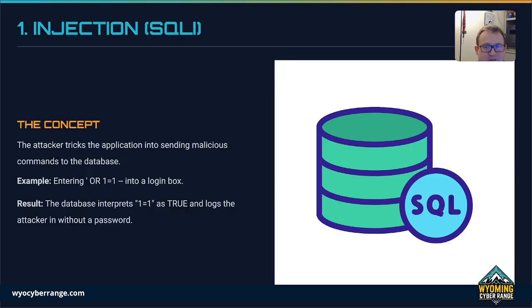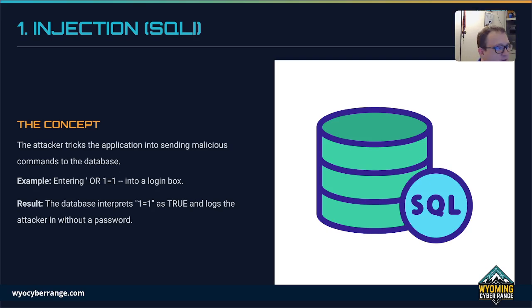And the first up on this list that we always talk about is going to be injection, specifically SQL injection. This happens when an app mistakenly trusts user input and sends it directly to the database. A classic example of this is a login box. Enter your username.